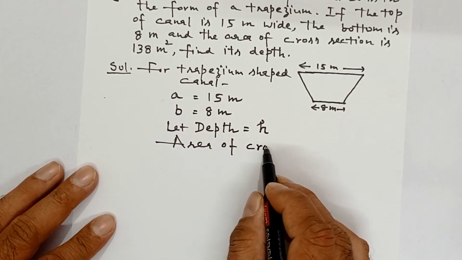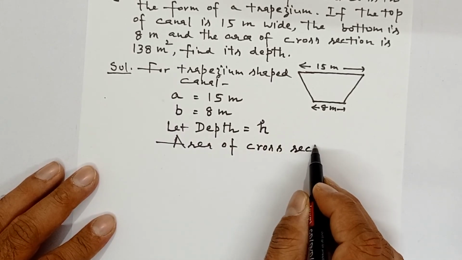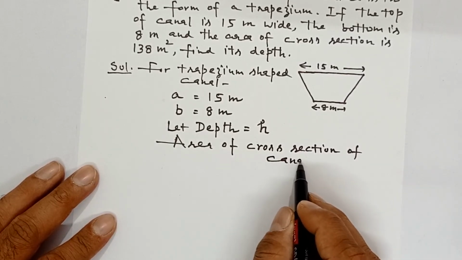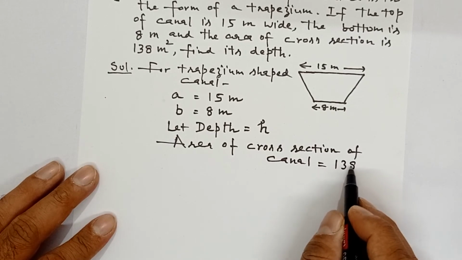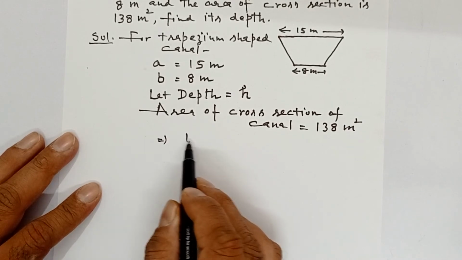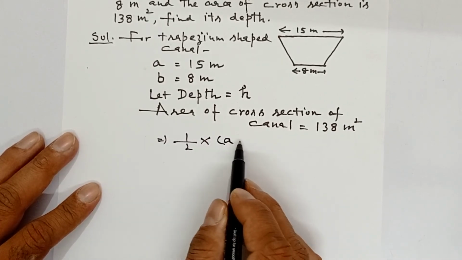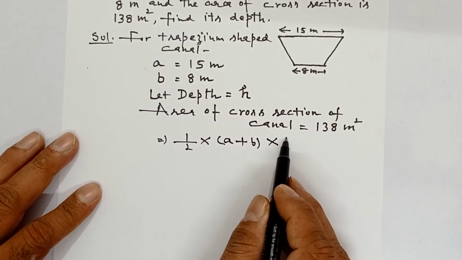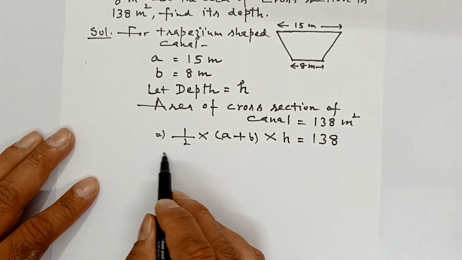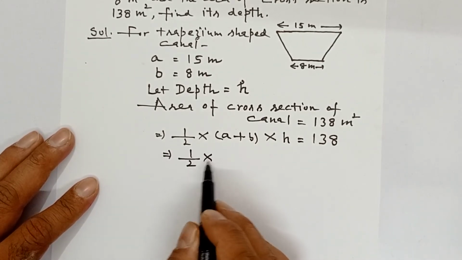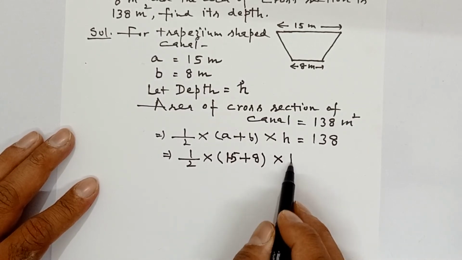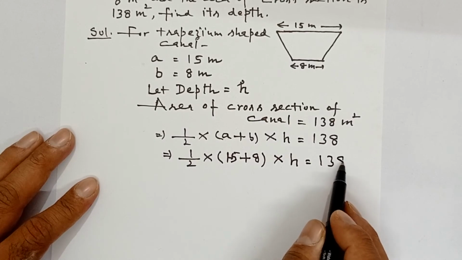So the area of the cross section of the canal is 138 meter square. So put the values in the formula 1 by 2 into a plus b into h, which is equal to 138. Now 1 by 2, a is 15 and b is 8, into h, it is 138.